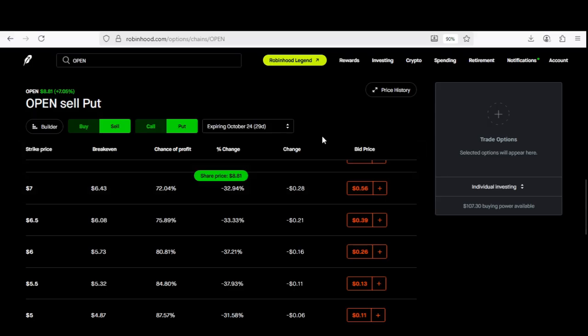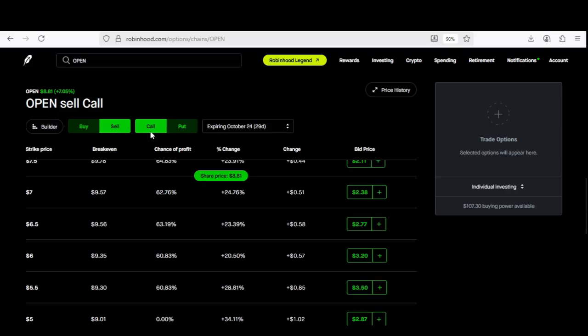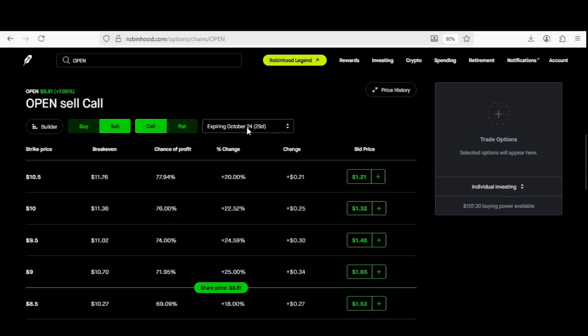So now that we have 100 shares of Opendoor in our portfolio, we're going to go ahead and sell covered calls against it. This is what you do for the covered call. We're going to go to sell, we're going to go to call. We're going to maintain the exact same expiration of 30 days. Now, I'm going to choose my strike price.